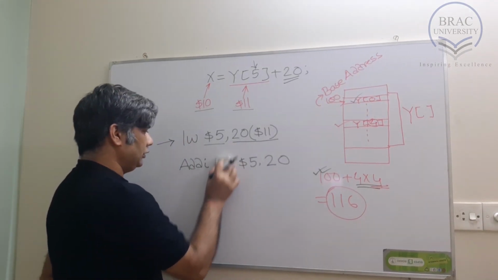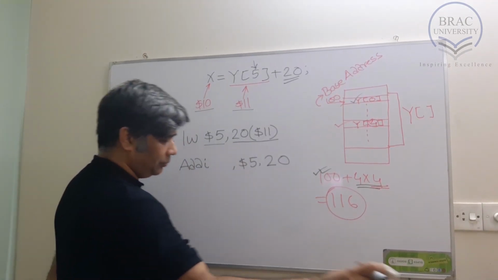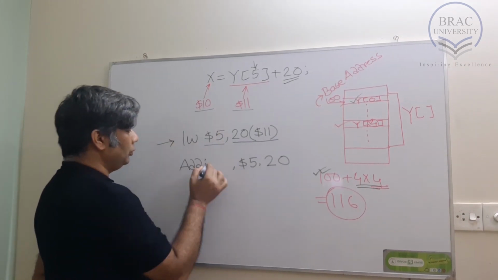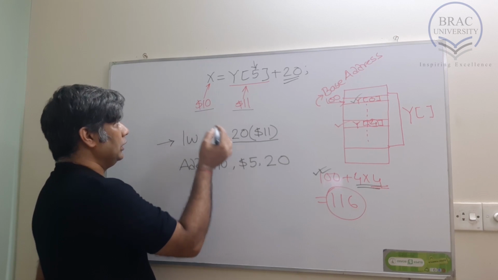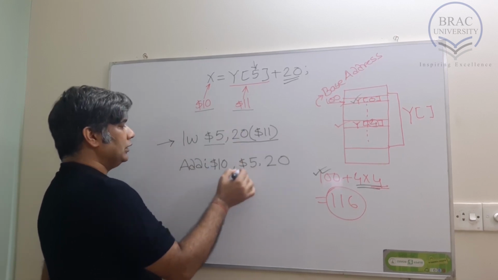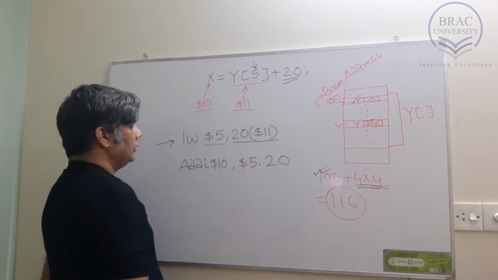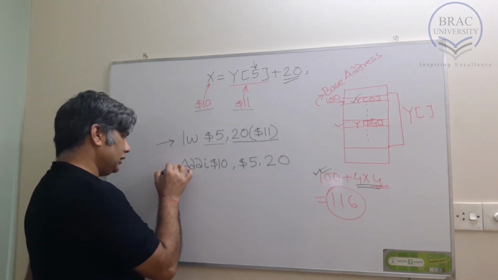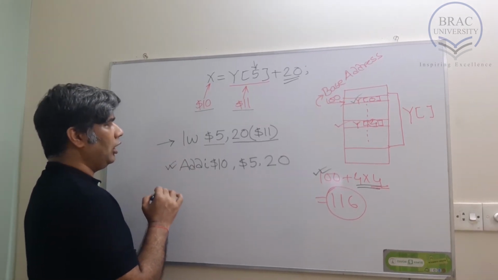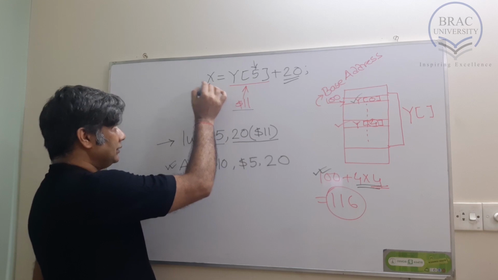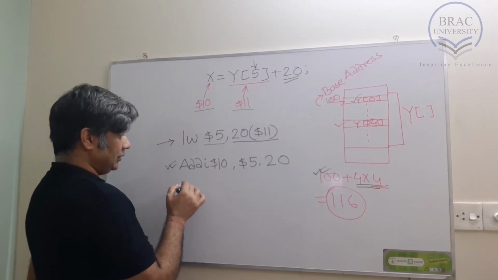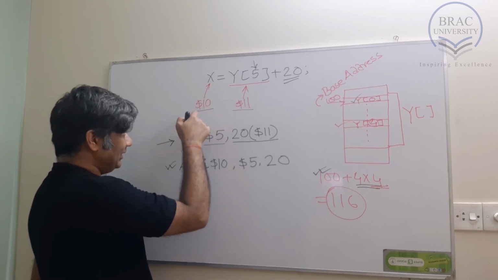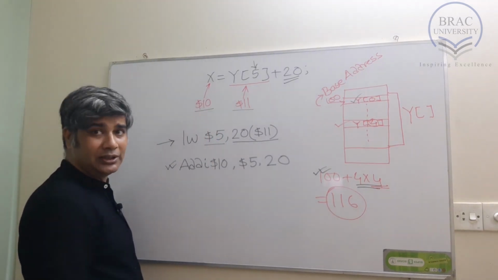That will not serve our purpose. So what we'll do, we'll write register 10. In that way, we are directly storing the result in this register. This is how we save the value of this addition in X, which in this case is in register 10.